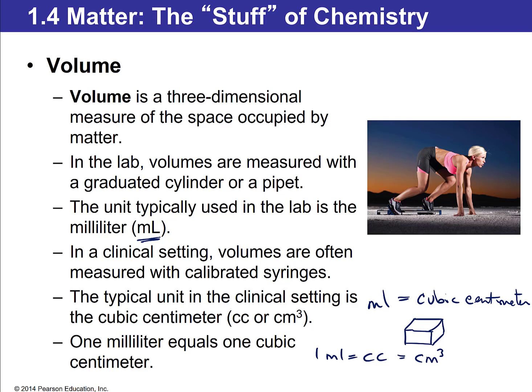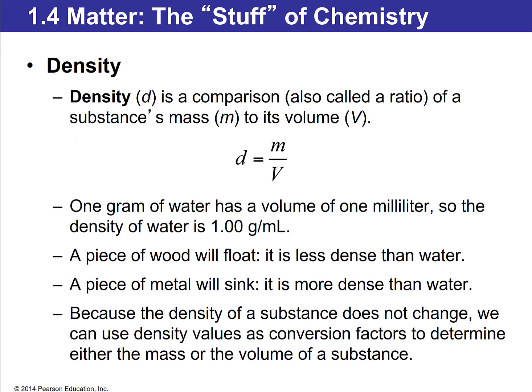It's just a way of being able to write one in length and one in volume, just by taking length, width, and depth to get that volume. So you will see that.